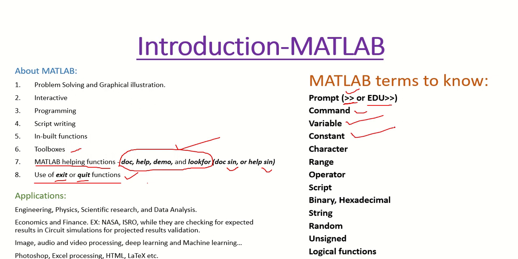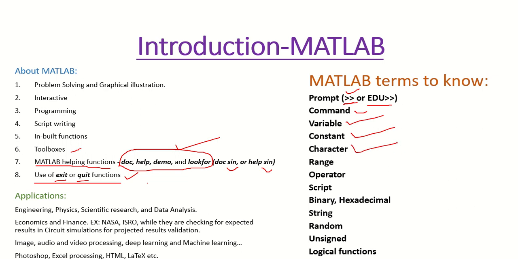Constant means that in the engineering area and in our calculations we have certain constants like the value of pi, or complex numbers like i or j, which have some predefined value. Those are also there in MATLAB, and we will definitely use them, right? So it is important to have those also here.